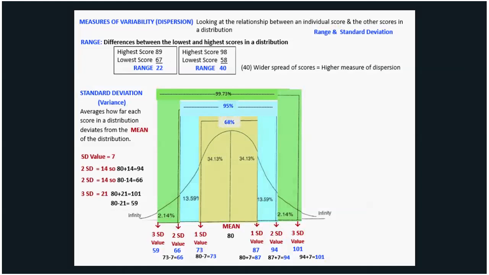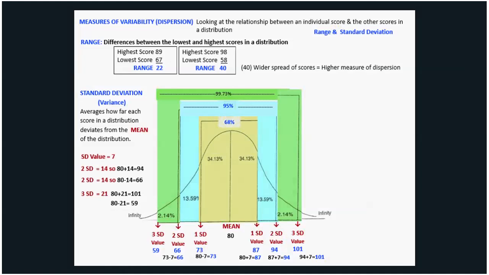deviations of the mean. So 68% within 1 standard deviation. Look up here at the top of the blue. That means 68% of your scores will fall either 1 standard deviation above or 1 standard deviation below. Then we get to 95%, and that's for your 2 standard deviations.